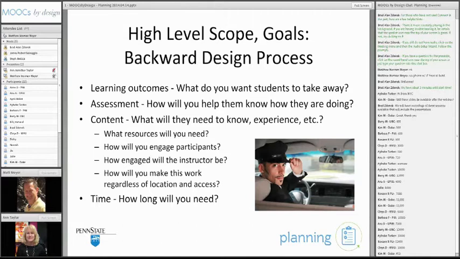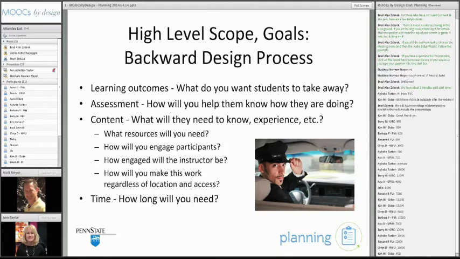I just had 2 MOOCs that I was working with, but they were 2 very different faculty who were going to be able to be involved at very different levels. That's important to know. And how are we going to make all of our grandiose plans work, regardless of someone's time and regardless of their level of access to the internet? You know, whether they had very low bandwidth access that was all they could afford, all the way up to someone who could watch big movie streams.